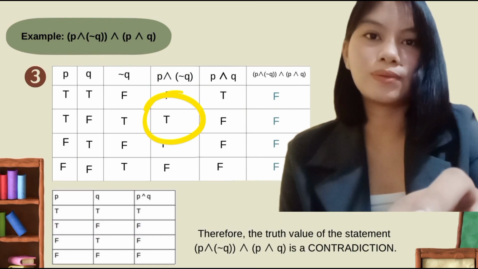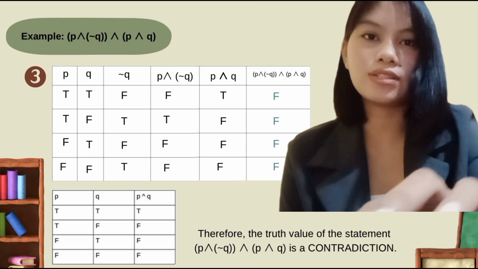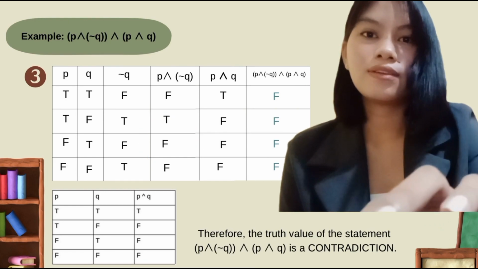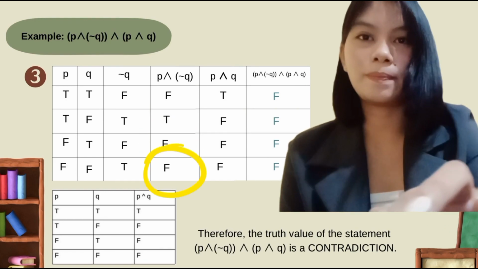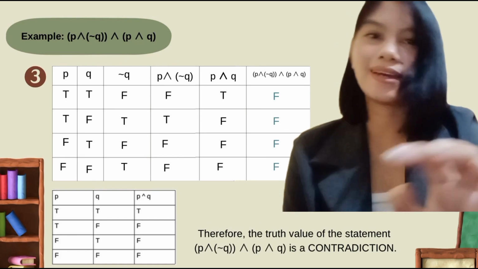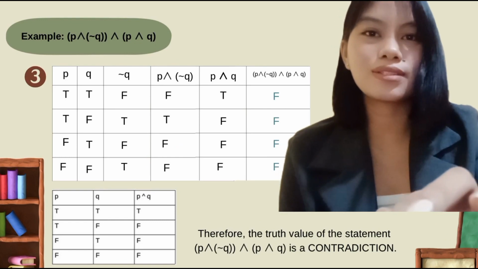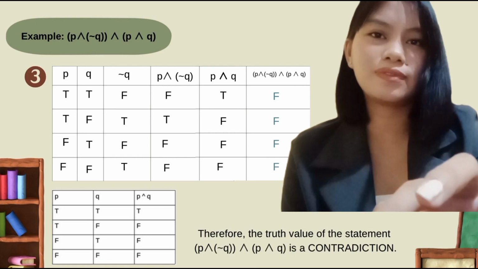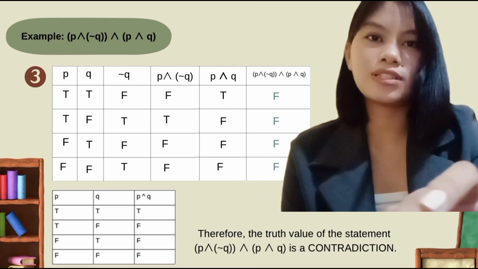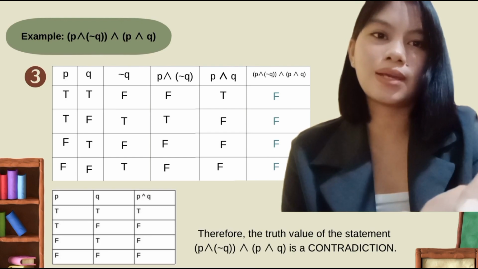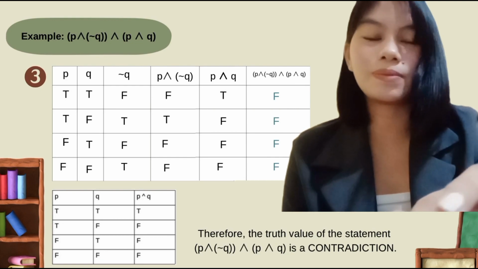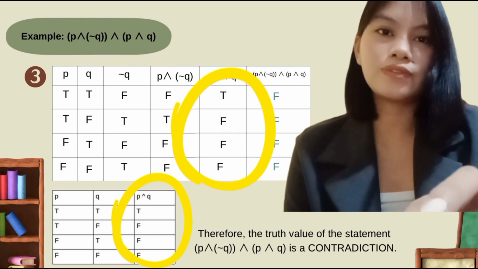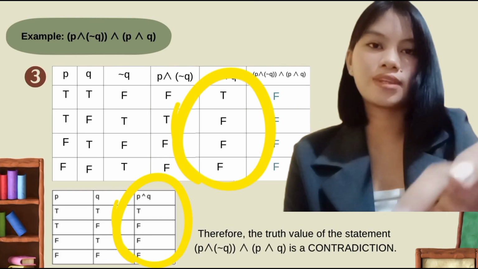Tapos, true and true, true rin. False, false, false pa rin. False, true, false pa rin. Syempre, dapat nga false palagi. Charing. Para sa ating fifth column, which is the P and Q, andito na yan sa truth table ng conjunction. Kokopyahin na lang natin: true, false, false, and false.